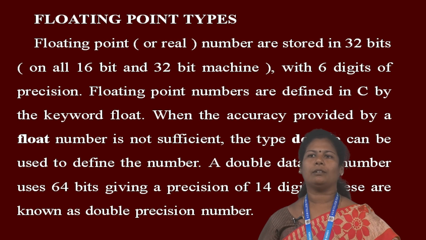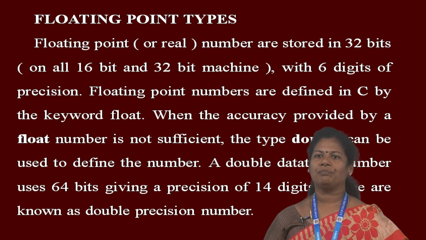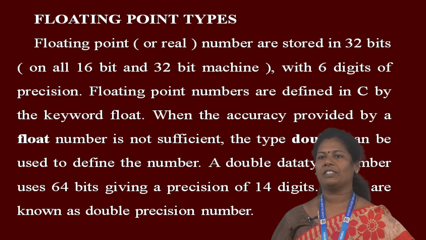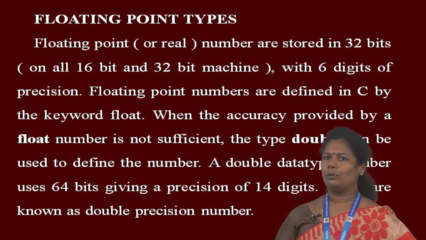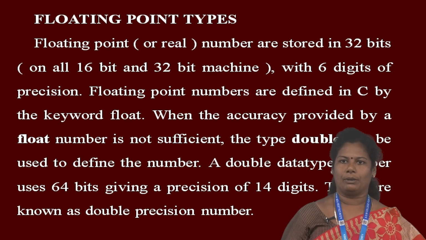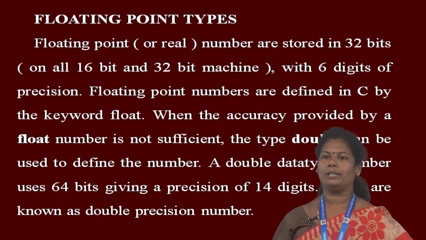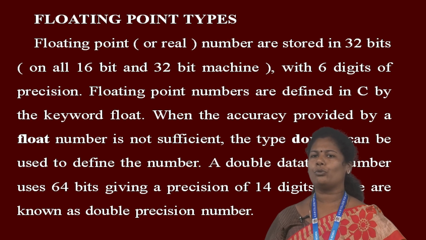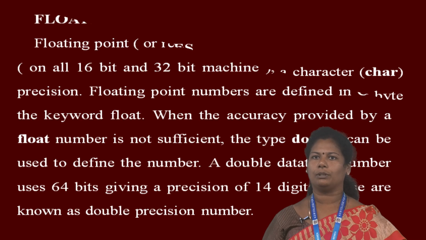Floating point or real numbers are stored in 32 bits with 6 digits of precision. Floating point numbers are defined in C by the keyword float. When the accuracy provided by a float number is not sufficient, the type double can be used to define the number. A double data type number uses 64 bits, giving a precision of 14 digits. These are known as double precision numbers.